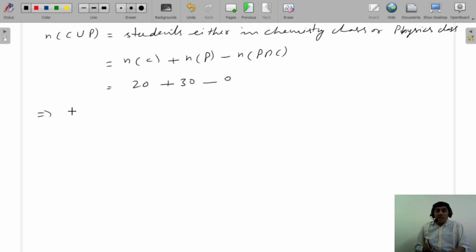This implies n of C union P is equal to 50.